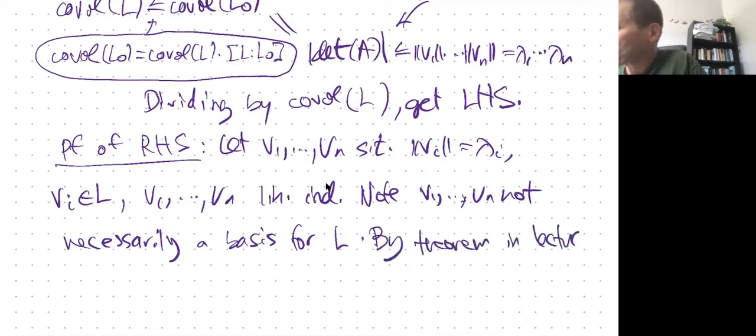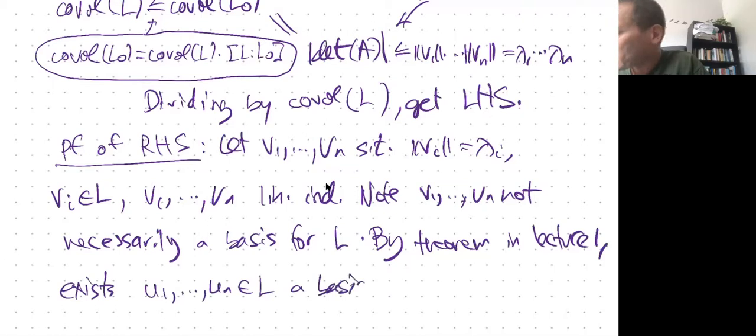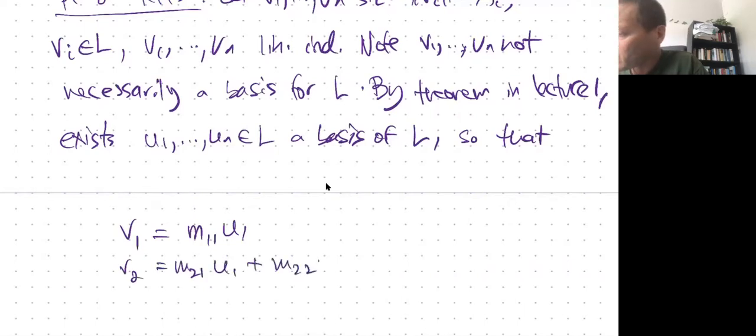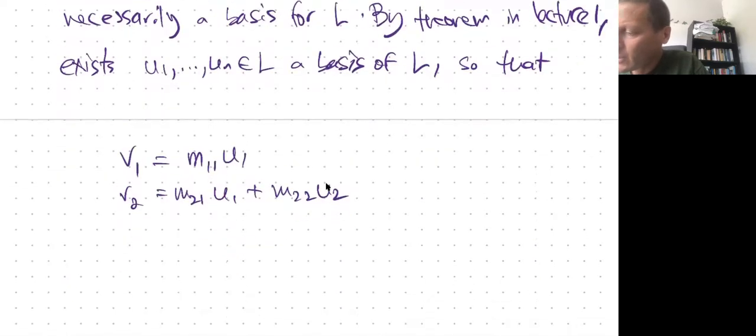In the first lecture of the course, we had a theorem that says that there exists a basis U1 up to Un in L so that the relationship between the UI's and the VI's is the following. V1 is M11 U1, V2 is M21 U1 plus M22 U2, and so on.